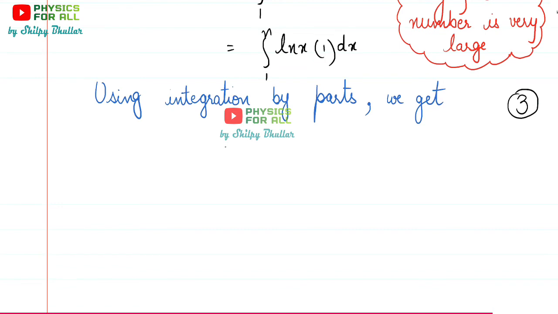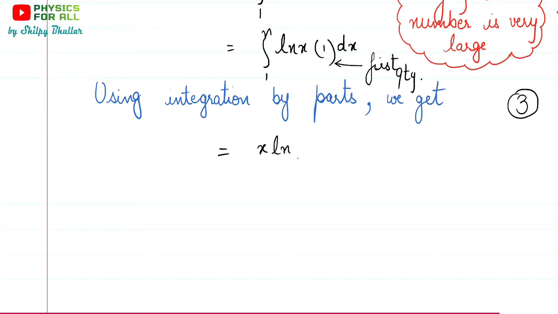So what do we get? Integration of first, here this is the first quantity, okay. This is the second one. So integration of first and the second one as it is, or you can use either way. If you are going to consider the first function, you can consider this as it is.